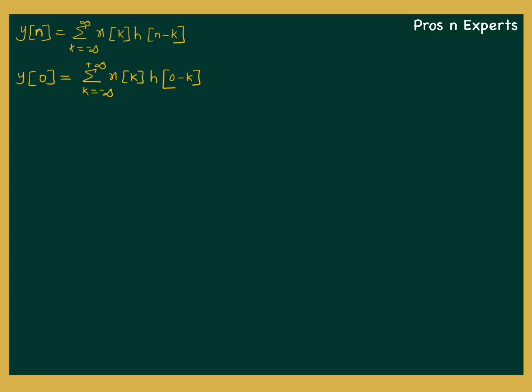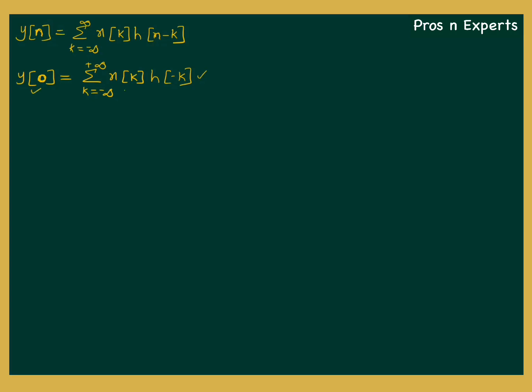So if you have to find out y of 0, we have to replace n with 0 wherever n happens to be in the RHS. Okay, so y of 0 is sigma x of k into h of 0 minus k, but h of 0 minus k is h of minus k itself, so I can write it as h of minus k. Okay, now we are going graphically to realize this equation to find out y of 0.